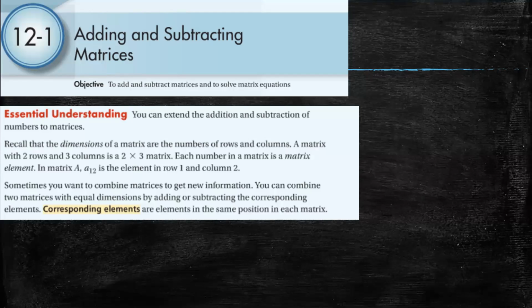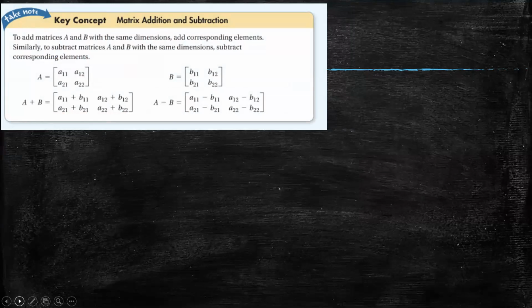Now, let's talk about adding matrices. To add matrices A and B with the same dimension, as I told you, add corresponding elements, and if you want to subtract the matrices, they also have to be the same dimension, subtract the corresponding elements.